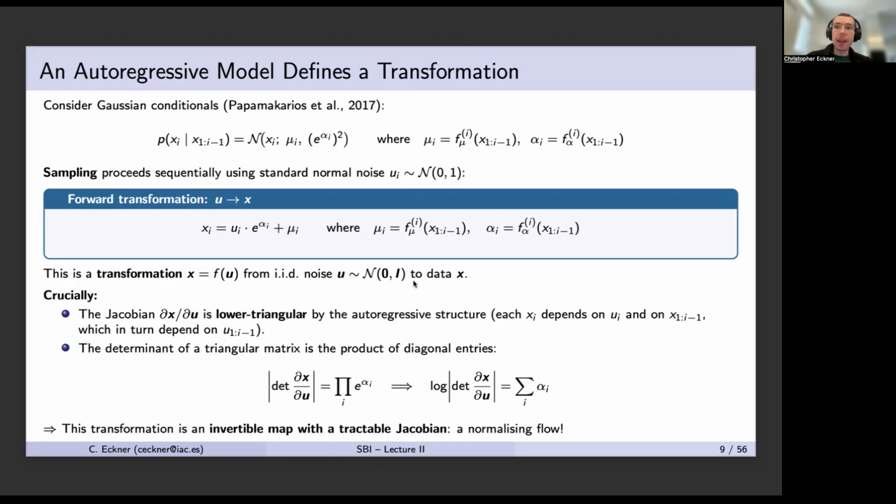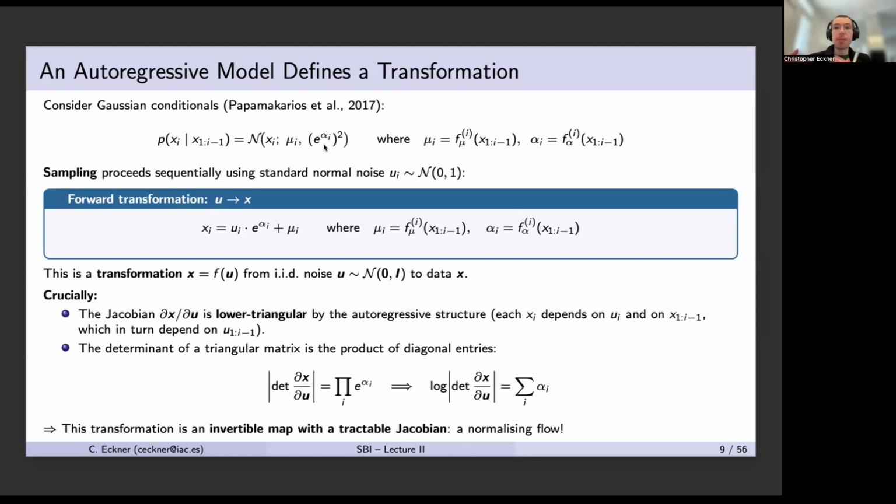What you can do is parameterize the mean of this normal and its standard deviation, which is here parameterized with these two parameters, mu and e to the power of alpha_i. So each of these conditional probabilities gets its own mean and its own standard deviation.